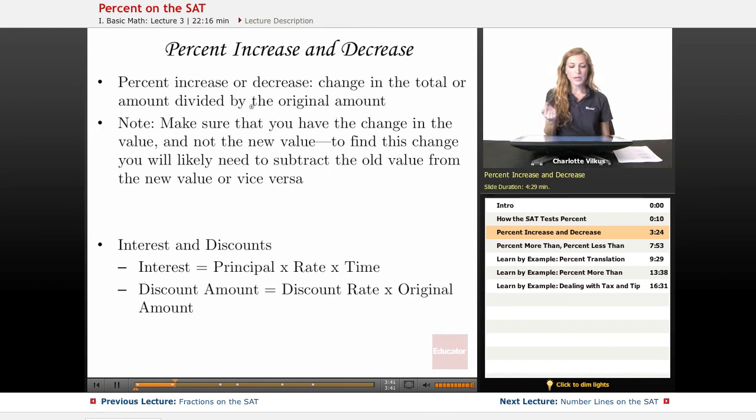So what we want to make sure with these problems when we're talking about a percent increase or decrease is that we have the change in value and not the new value.